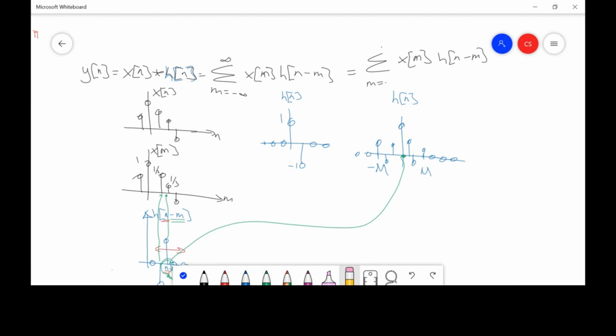The sum will be shifted to n, so it will be from n minus n to n plus n. Now the limits are correct. So x of n stays fixed. This one is shifted to n, and then I have to add around the region that is defined by this. You see?